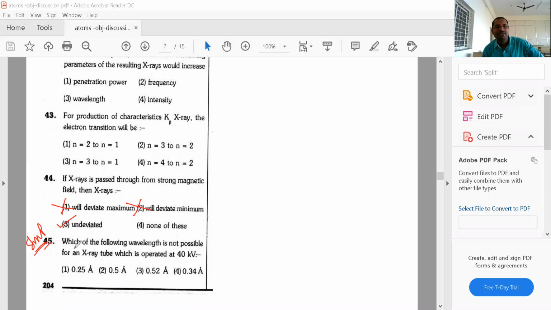Conceptual question. Which of the following wavelengths is not possible for an X-ray tube which is operated at 40 kilovolts? Which wavelength is not possible? What is the voltage? 40 kilovolts. Then what is the energy? Potential difference means e into 40 kilovolts is nothing but 40 kilo electron volt.